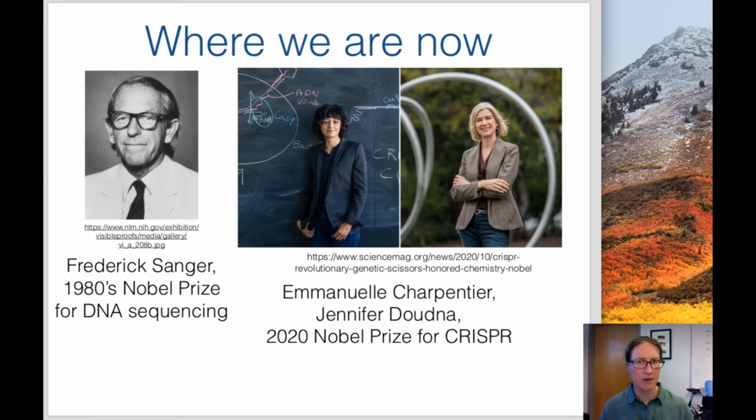So the era we're going to talk about now dates from the 1980s or so, or a little bit before that, through this year, so the year 2020. We're going to start out with this character on the left, Frederick Sanger, who won the Nobel Prize in the 1980s for his discovery of methods to sequence DNA. And we'll also wind up talking about 2 of the 2020 Nobel Prize winners, Emmanuelle Charpentier and Jennifer Doudna, who discovered a technique that lets us edit genes.